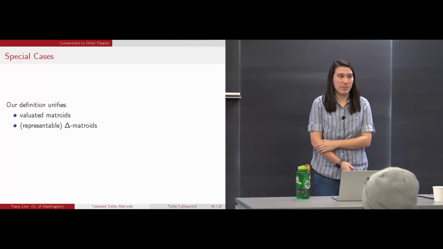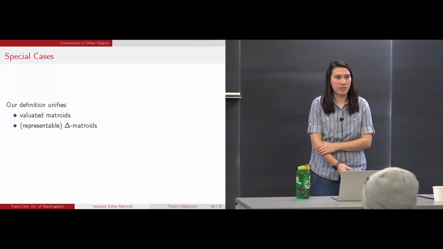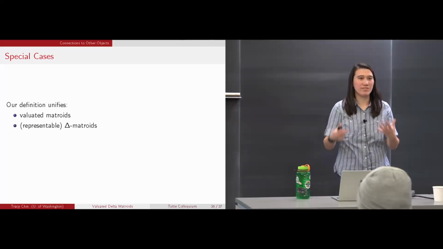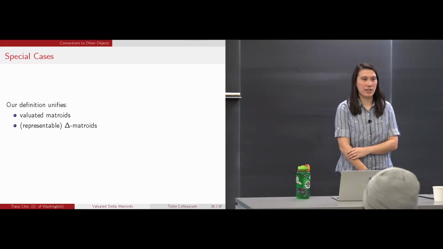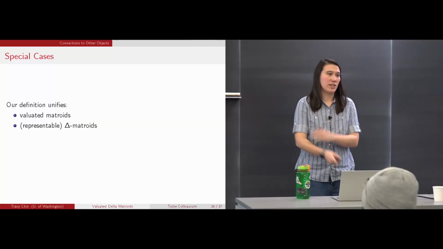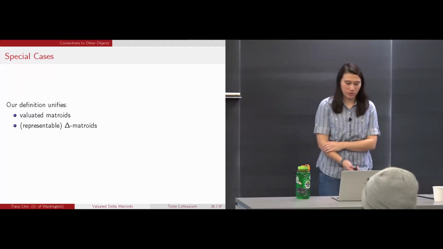It also encompasses delta matroids and in particular representable delta matroids, right? Again, trivial valuation lets me put any delta matroid as a valuated delta matroid, and if I start with something representable, I can, again, make it a representable valuated delta matroid.